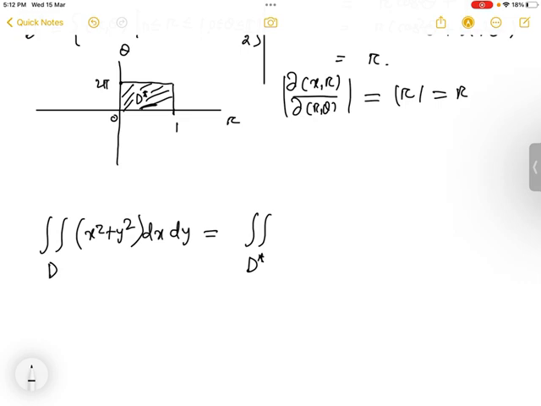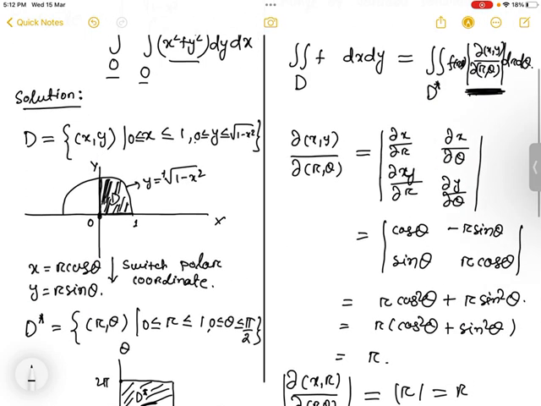And what will be the value of x square plus y square? x means r cos theta, so x square plus y square is r square cos square theta plus r square sin square theta. This is nothing but r square, so we will simply put r square, and instead of dx dy, I told you we will put dr d theta and this Jacobian.